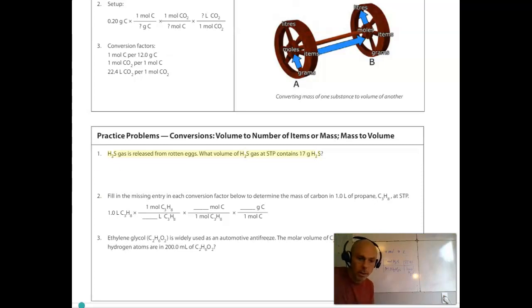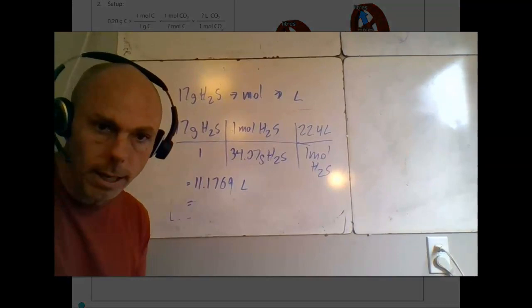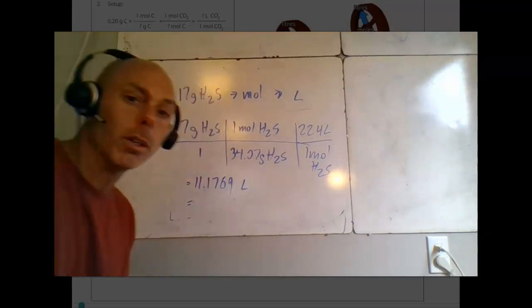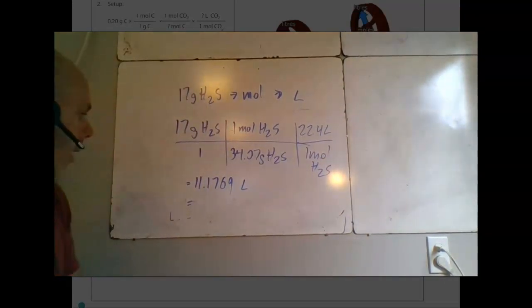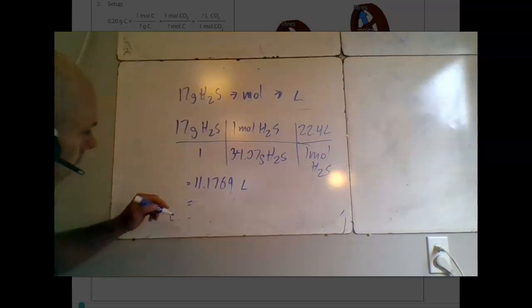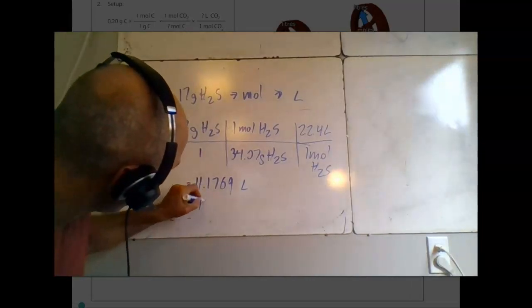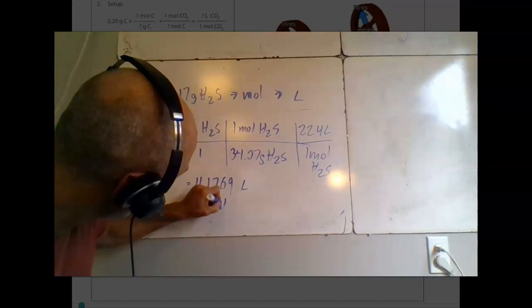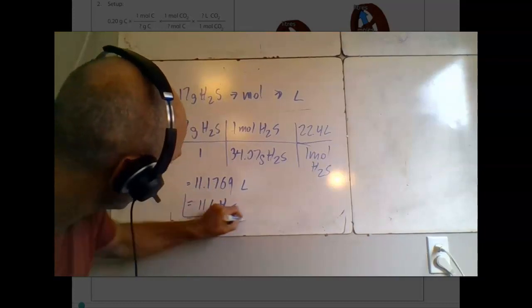So when I go to my calculator, I get, and I realized I'd never gone to this mode. Hopefully you can see that a bit better now. 11.1769 liters, and with 2 sig figs, because of 17, that's just going to be 11 liters of H2S gas.